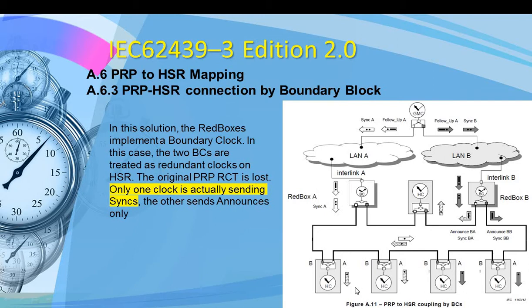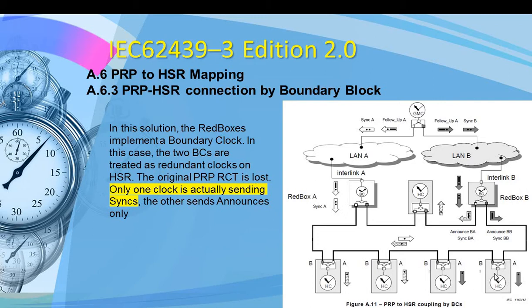So on the bottom, the hybrid clock forwards only 1 copy to the other network. It depends on how close this clock is to the active boundary clock.